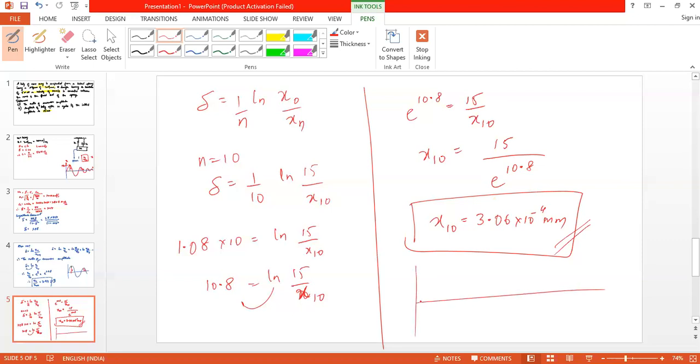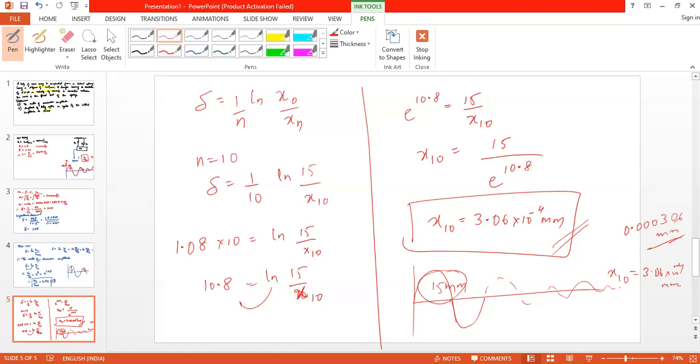See, the amplitude of the first cycle is 15 mm, and the amplitude of the 10th cycle is 3.06 into 10 power minus 4 mm. It's very tricky. Look at the number 15 and 3.06 into 10 power minus 4. Any doubt?